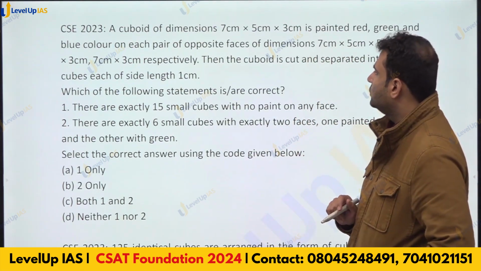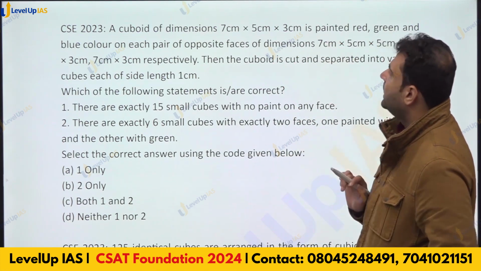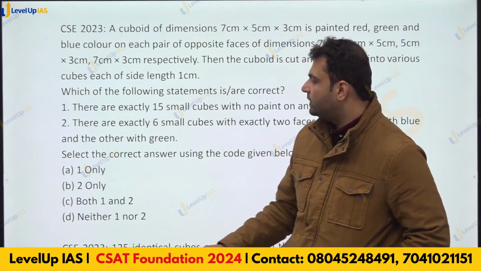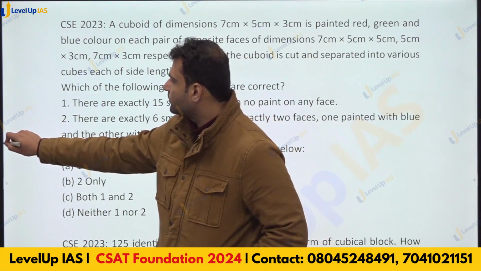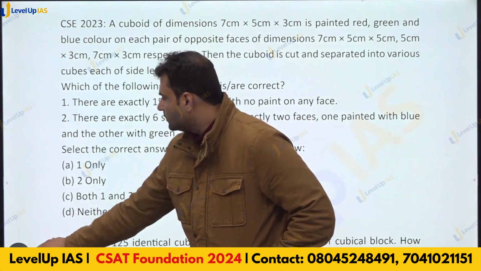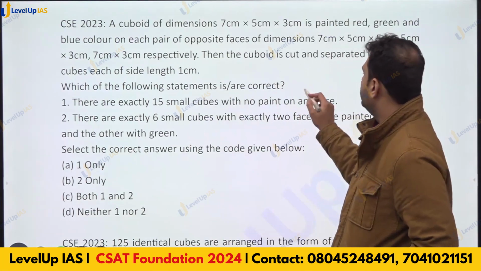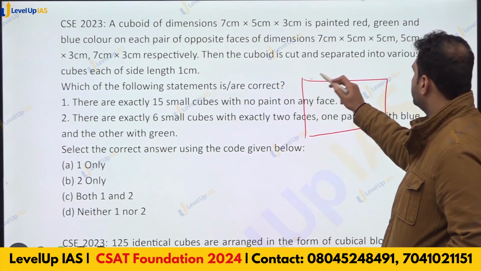A cuboid of dimension 7 into 5 into 3 is painted red, green and blue on each pair of opposite faces. Now for this, you need to know how the cuboid looks. So we have a cuboid. This is how a cuboid looks.